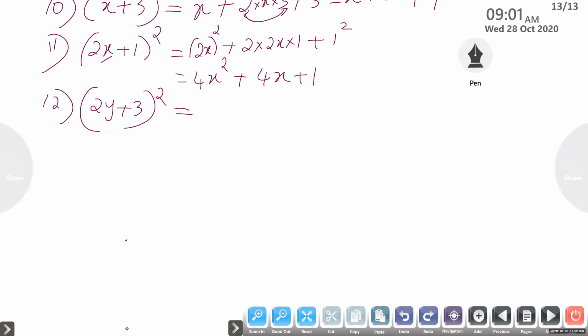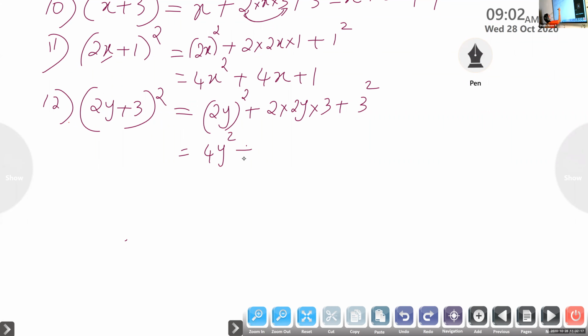Ma'am finish. Okay, so it will be 2y the whole square plus 2 into 2y into 3 plus 3 square. So it is 4y square plus 12y plus 9. Very good. So I think you understood how to apply a plus b whole square. Yes ma'am. Very good.